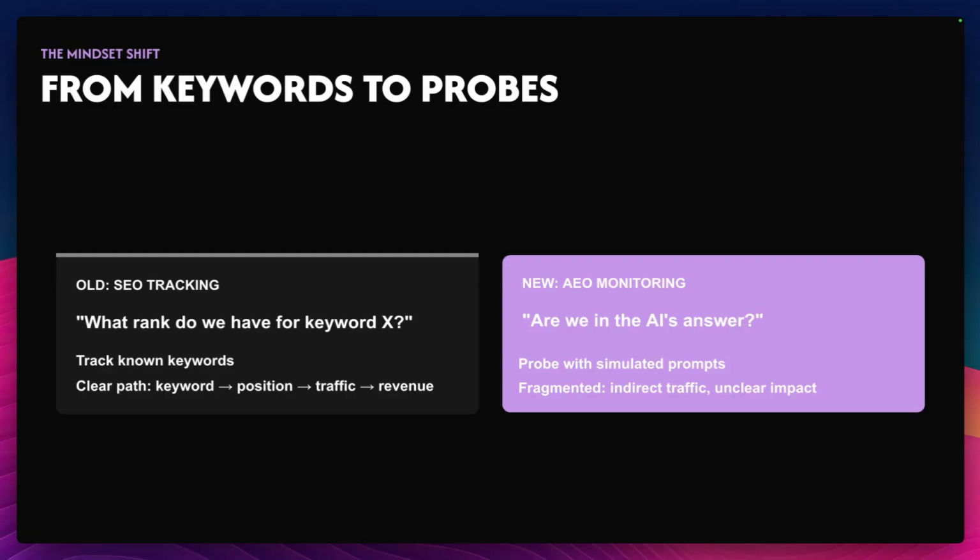Because with the keyword set, you could check the ranking positions, you could check the traffic you get from those keywords, and hopefully you would track the revenue that you get from the keyword set. So you could follow a clear path from the keyword to revenue.